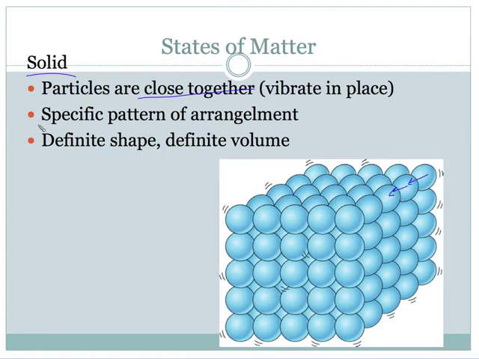There's a specific pattern and arrangement. For example, the table you sit at and the chair you sit on have looked the same since the first day of school. It doesn't change. Solids hold their shape, their structure, their appearance. Which means solids have a definite shape and a definite volume, which is important. Those 2 terms define or describe a solid: definite shape and definite volume.